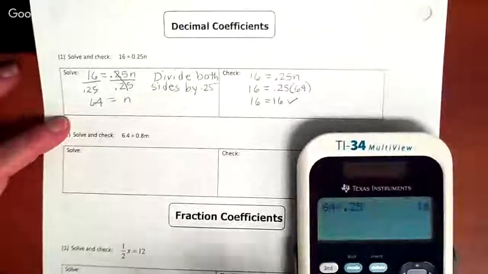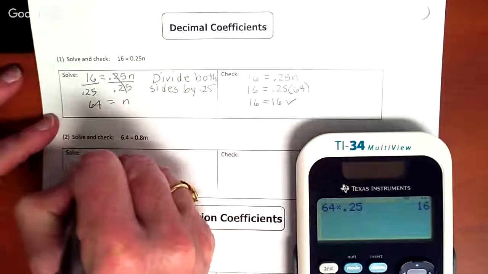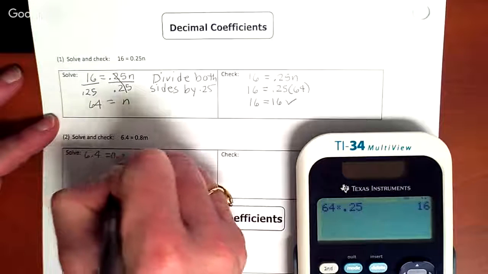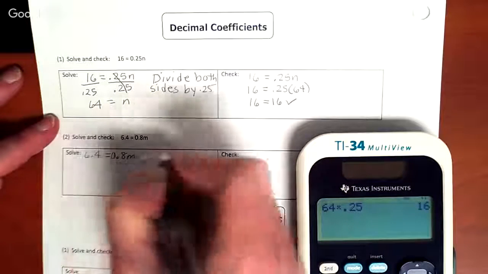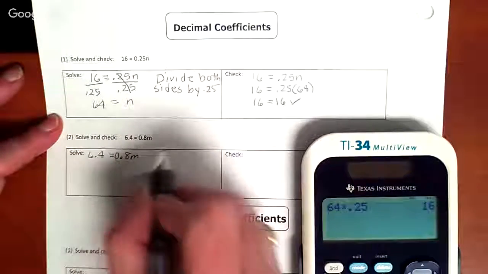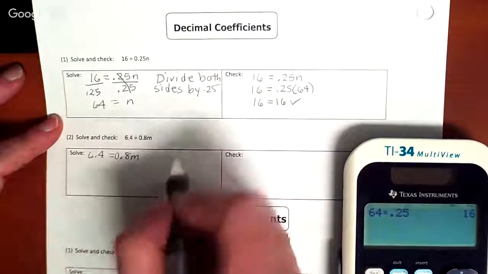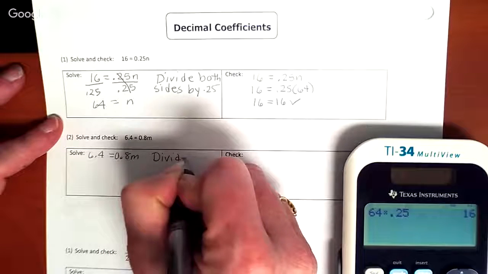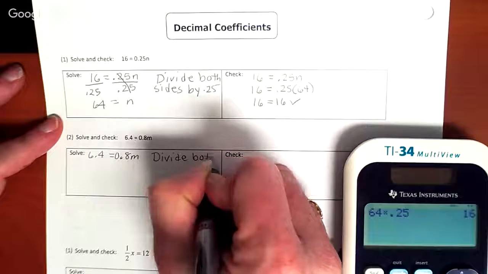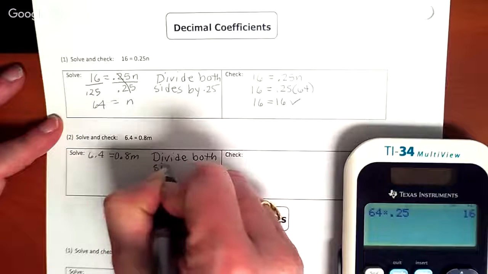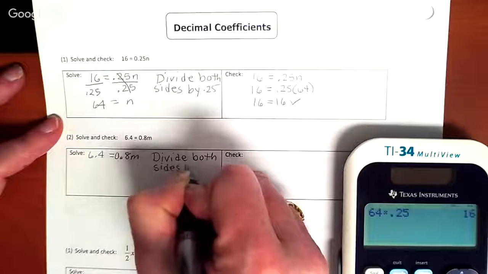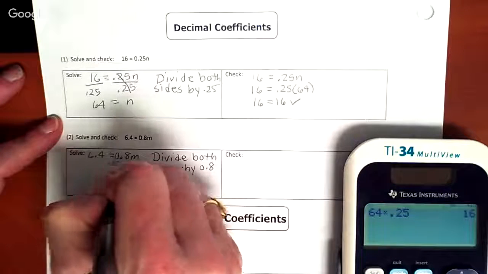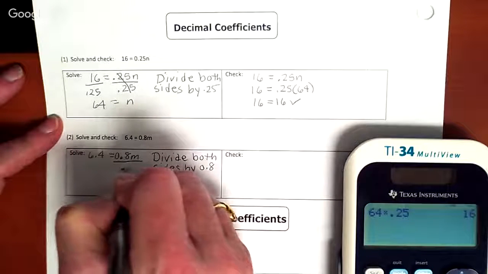Next, we have 6.4 equals 0.8m. So we are going to divide both sides by 0.8.